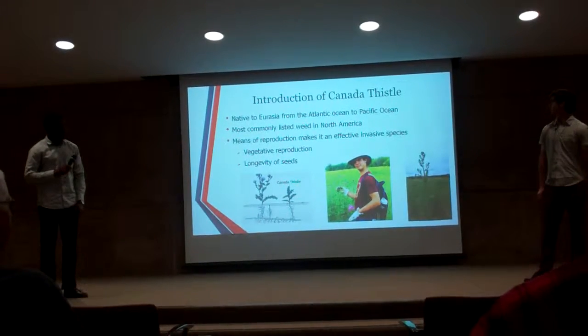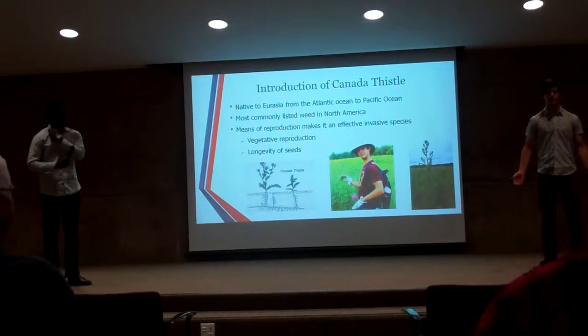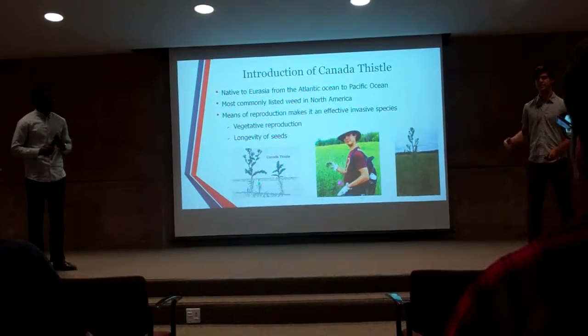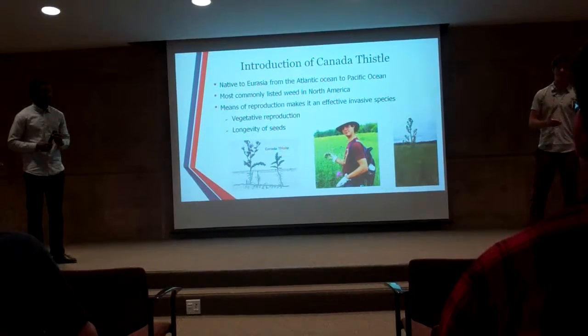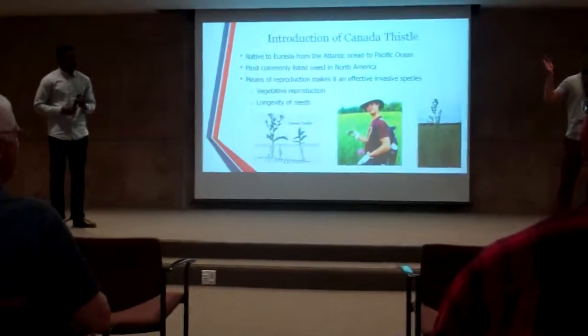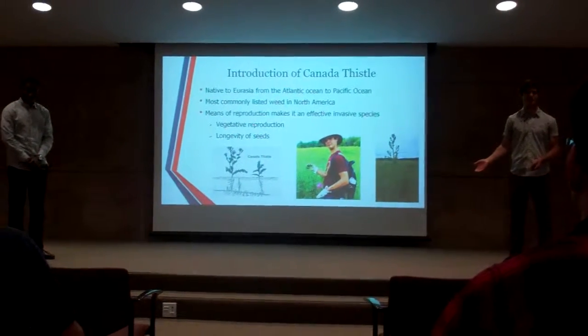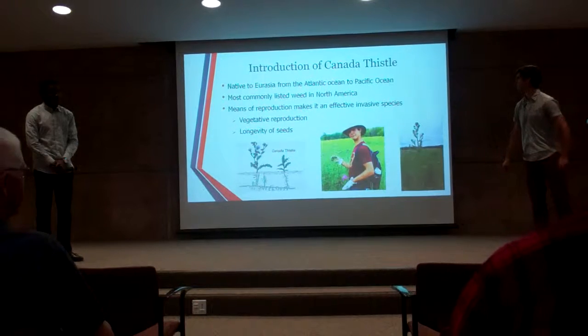So, to give you a little background on Canada thistle, it was native to Eurasia, and it's an invasive species. Its native habitat included all of Eurasia, from the Pacific to Atlantic, and north-south from Scandinavia all the way to India. So clearly a generalist, making for a pretty good invasive species.